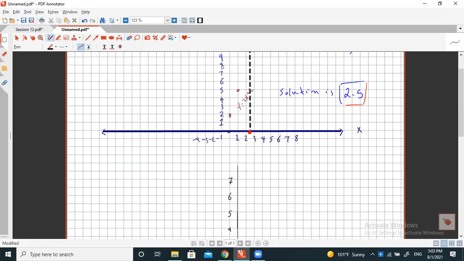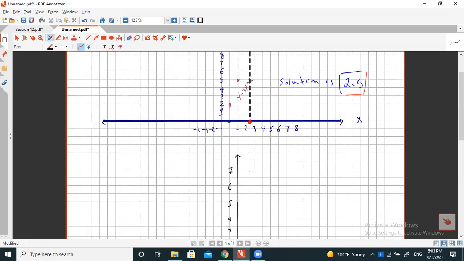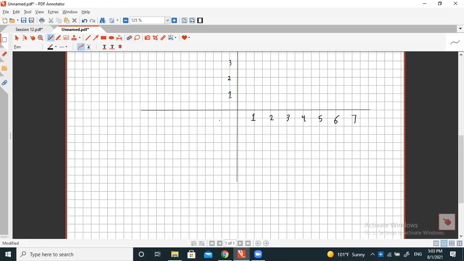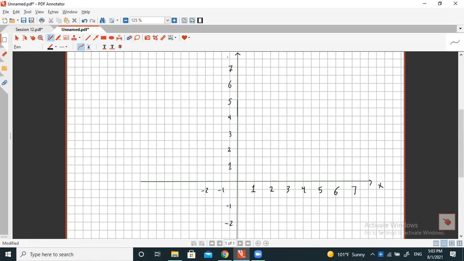That's all you need. And here also -1, -2, and here -1. Here the x-axis and here the y-axis.